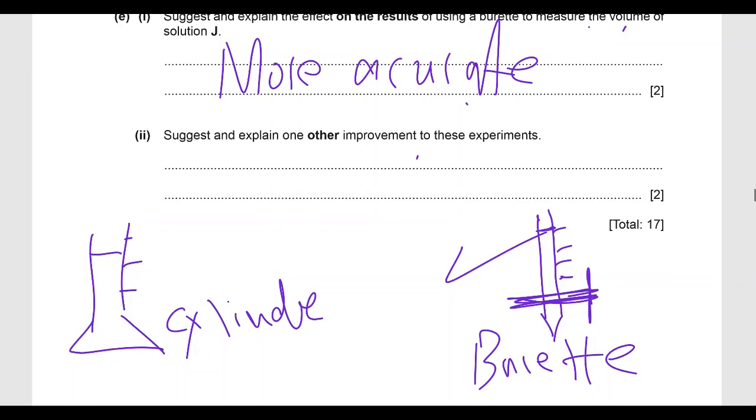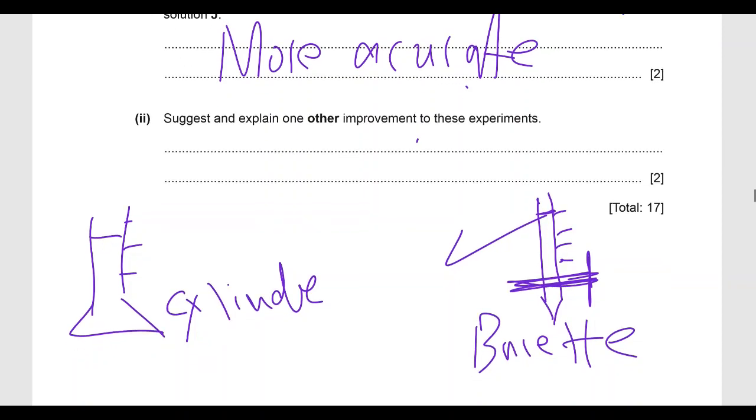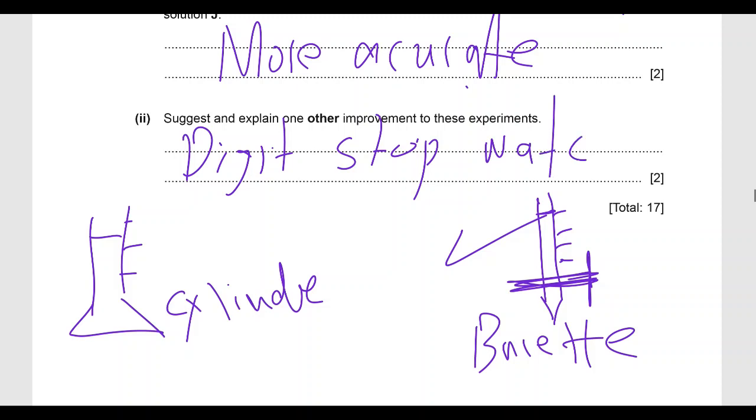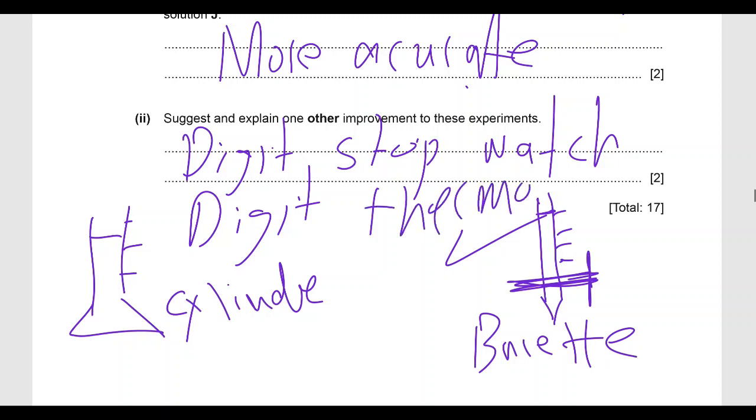Next question, suggest and explain one other improvement. How are you going to improve this experiment, in addition to using a burette instead of a cylinder? You can use a digital stopwatch or stop clock. A stopwatch is more accurate than the normal one which is drawn in the diagram. You can say using a digital thermometer instead of the normal thermometer.